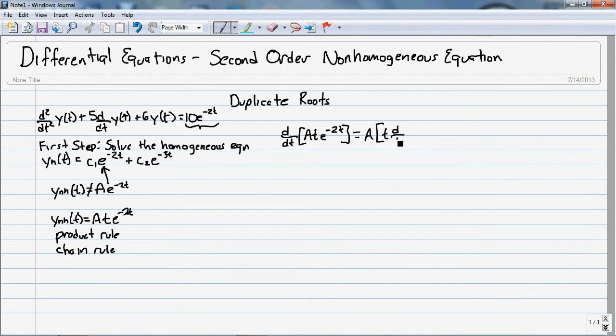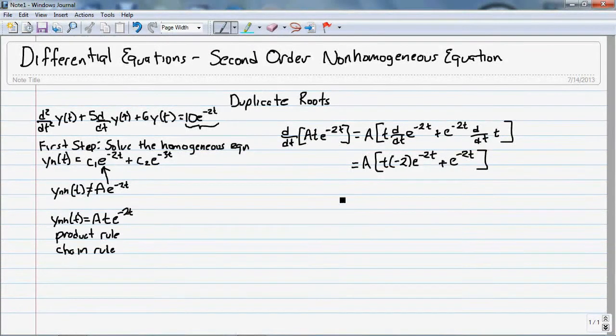Do our product rule. Derivative of e to the negative 2t is negative 2 e to the negative 2t. Derivative of t with respect to t is just 1, so we're there.